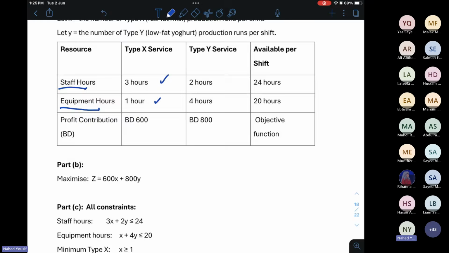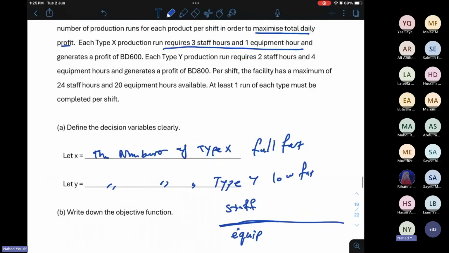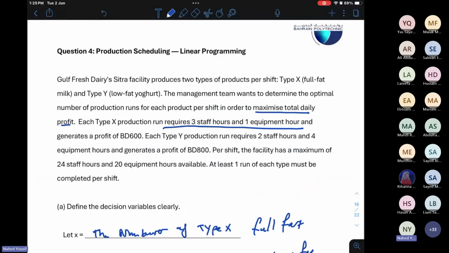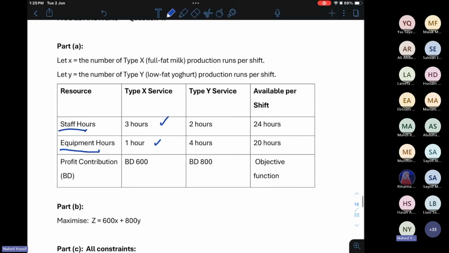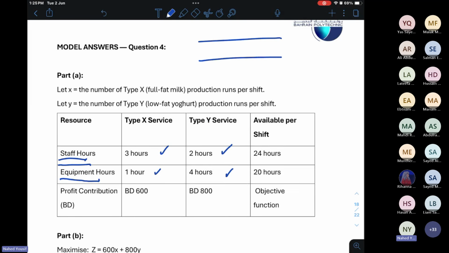Same thing for Y. Is that clear what I'm doing? For Y, we have 2 staff hours and 4 equipment hours. So we build the table with staff and equipment, here for X and here for Y.